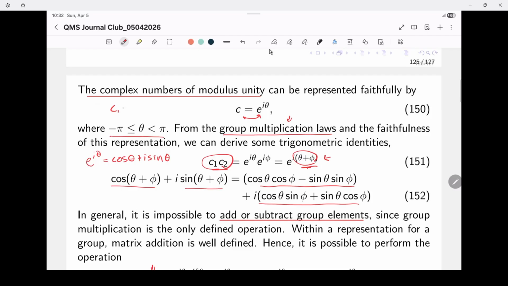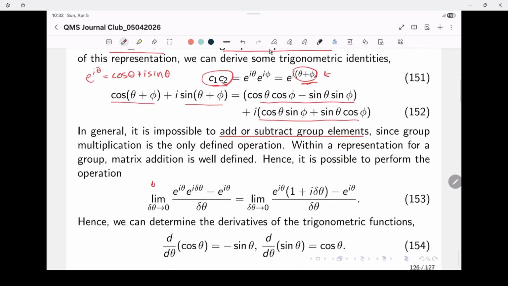So we can multiply C1 and C2, but we cannot add these two together, because addition is not defined under this group. But with the exponential map, you can do that.